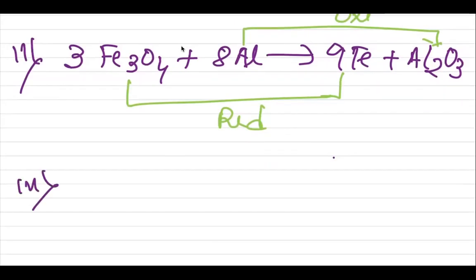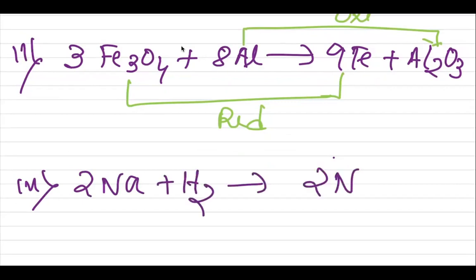Now, next. When 2 sodium is reacting with hydrogen, it forms 2 sodium hydride. So here, for the oxidation and reduction process, you have to remember that the electronegativity of hydrogen is more than that of sodium.